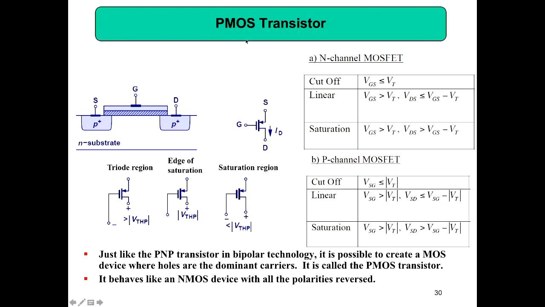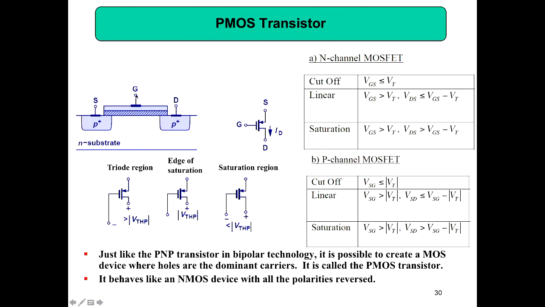Then a question for you. For the PMOS transistor, is the channel made of electrons or holes? Yes, for the PMOS transistor we are taking an N substrate, and the channel should be made of holes. But if the channel is made of holes, what should the gate voltage be? Yes, you have to connect a negative voltage.